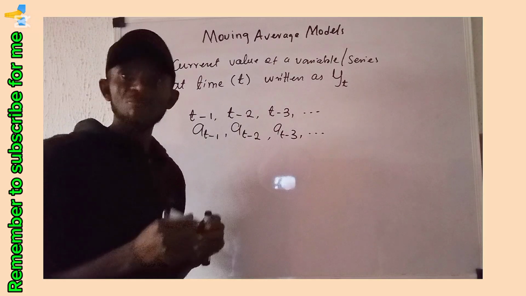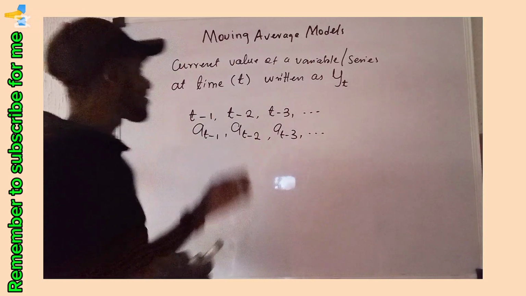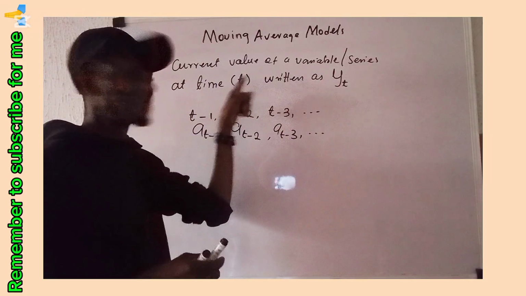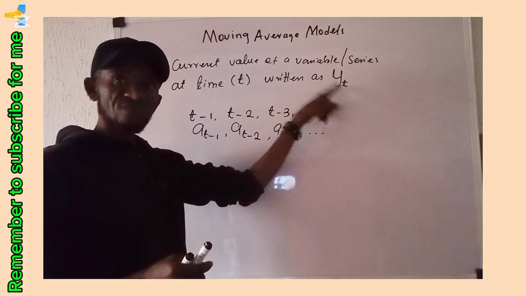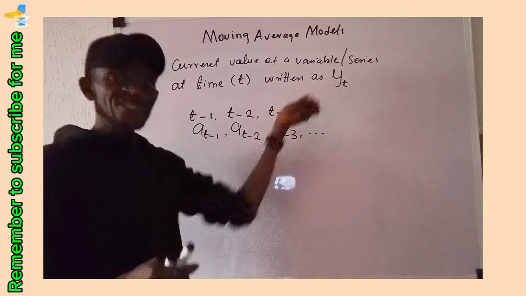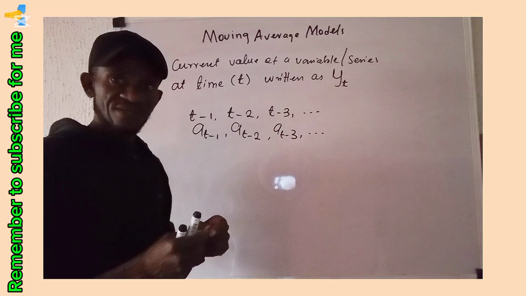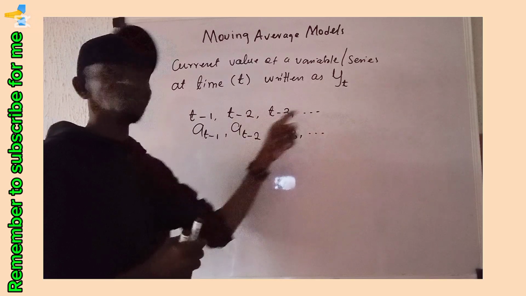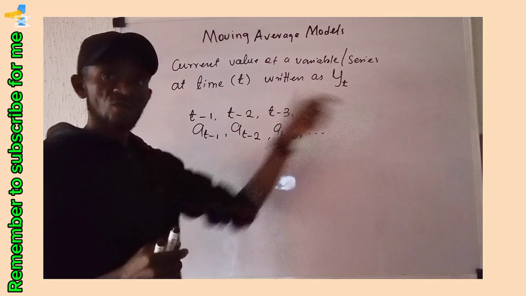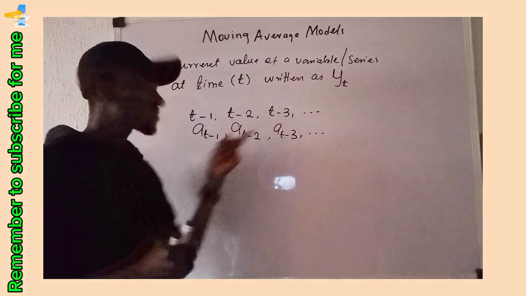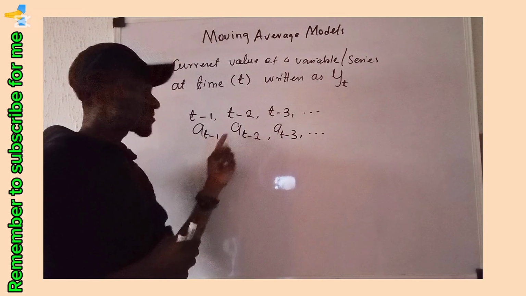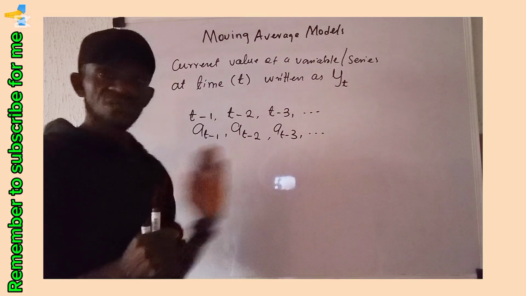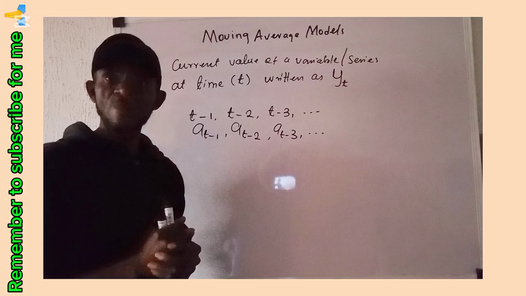That is what we do in a moving average model, where the current value of a variable or a series at time t, written as y of t, is regressed against its own residuals at time t minus 1, t minus 2, t minus 3, down the line, which of course can be written as a of t minus 1, a of t minus 2, a of t minus 3.